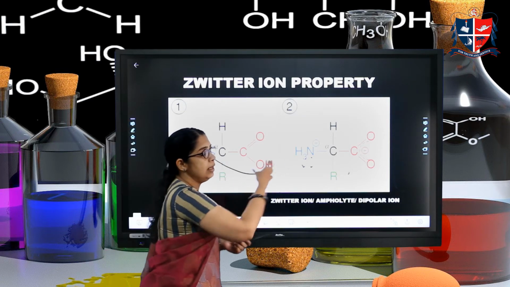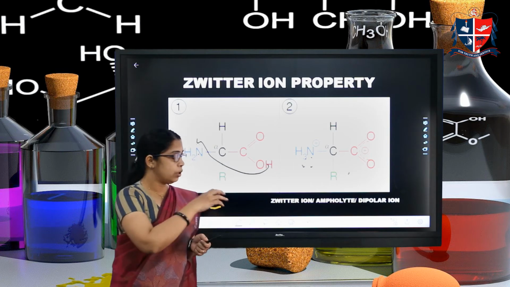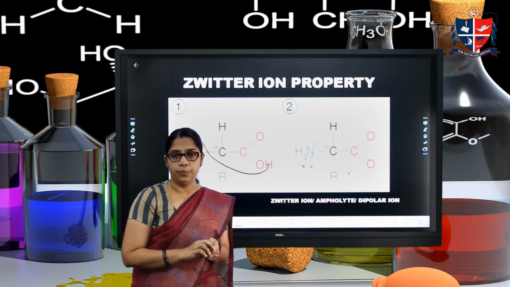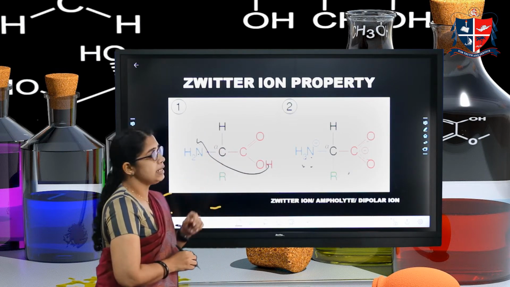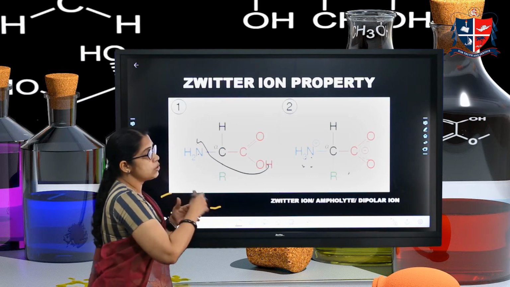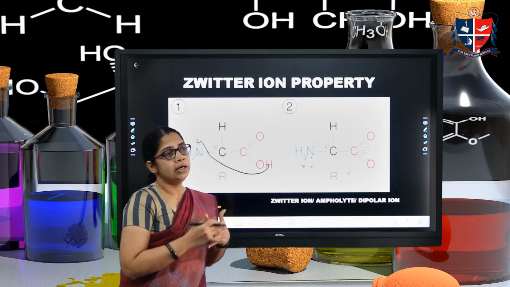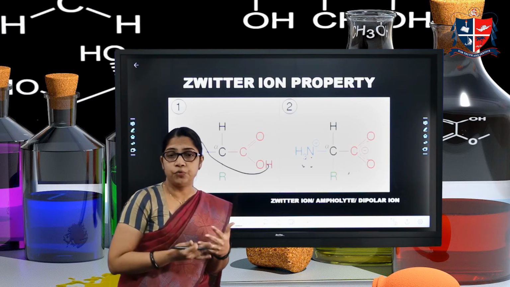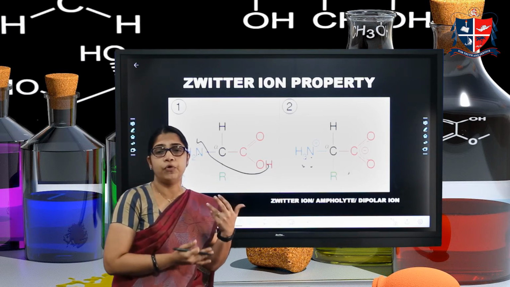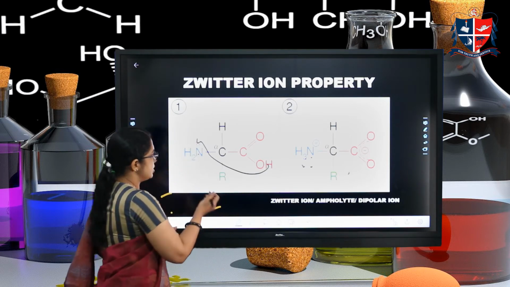They remain in the dipolar form, or the zwitterion form. So this is one important property, the zwitterion property, and it is very useful for the identification and separation of amino acids.